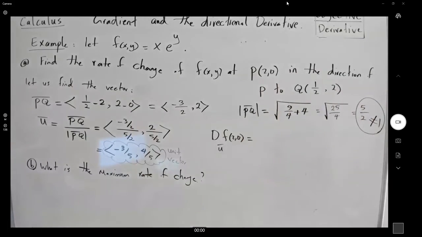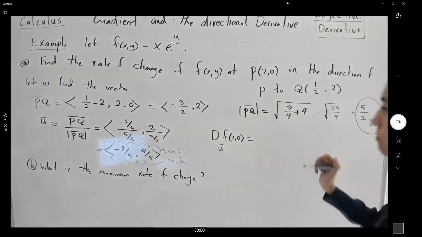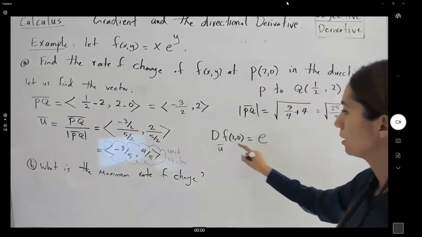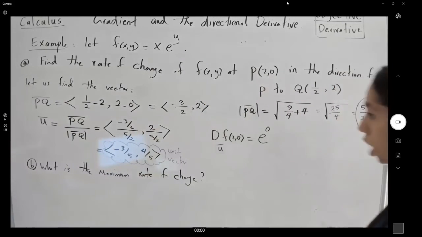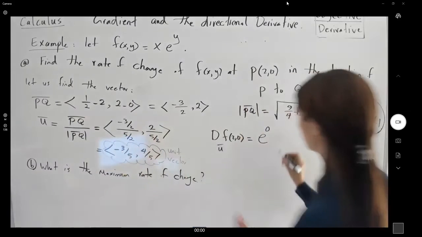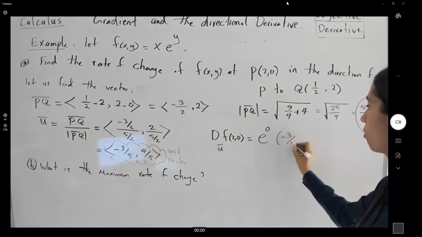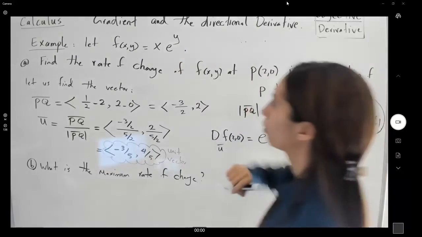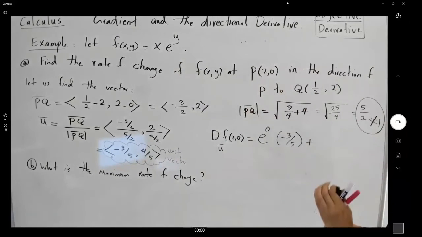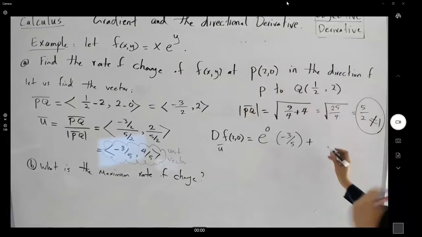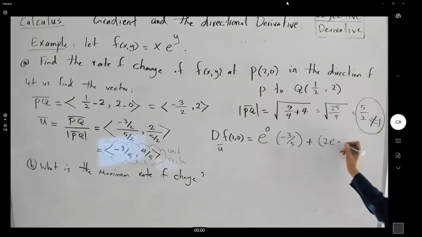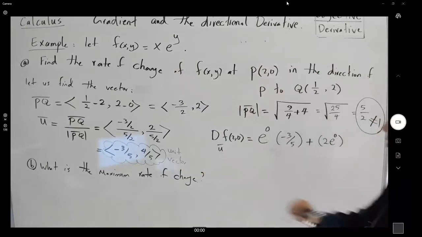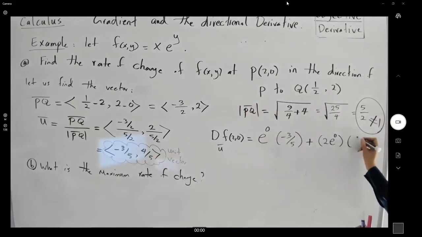Then the partial derivative of f with respect to x, which is e to the y, is 0, times the first component, negative 3/5, plus partial derivative of f with respect to y, which is x times e to the y, x is 2, 2 times e to the 0, times the second component, which is 4 over 5.